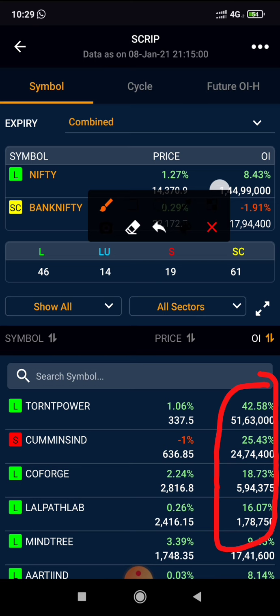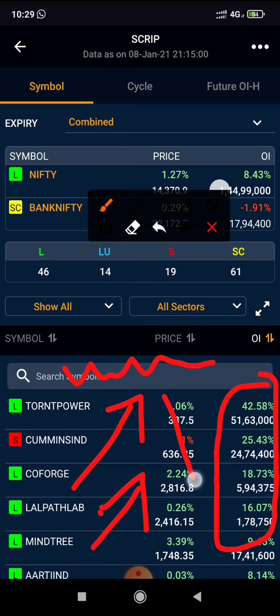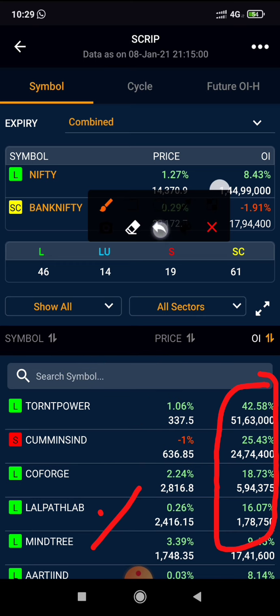So you might be looking at some stocks and they might not be trendy. In that case you can go and check the open interest build up. Anything with more than 15% build up will be good for trading, at least on that day. You don't want to be stuck in stocks that are trading sideways, right? You need either stocks going up or stocks going down on a particular day. That can be checked by using open interest as well.